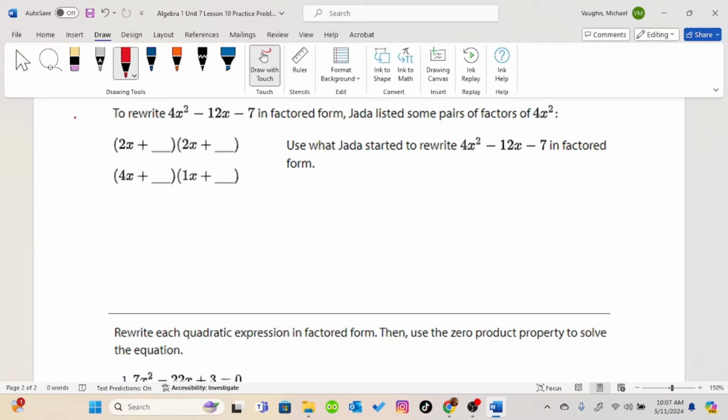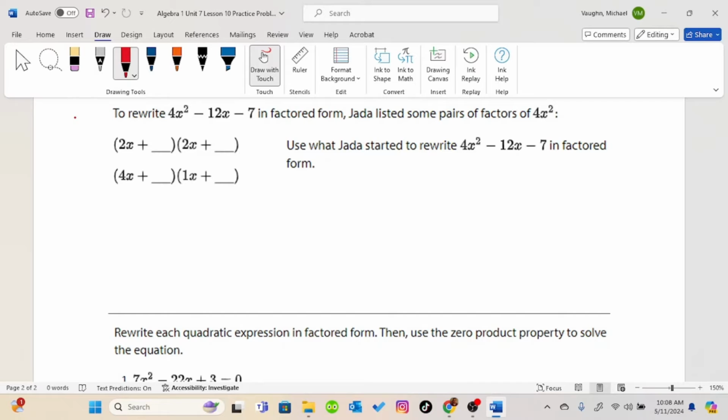Next practice problem. To rewrite 4x squared minus 12x minus 7 in factored form, Jada listed some pairs of factors of 4x squared.